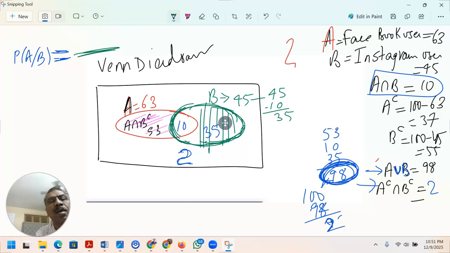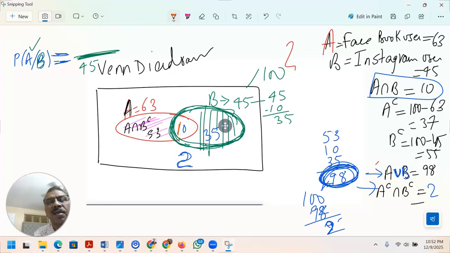This is called a reduced sample space, even though there were 100 students, because the student is already using Instagram. So this is 45, and we're asking what are the chances that he uses Facebook. Inside this there is this 10 here, so 10 students among this 45 are Facebook users. So this becomes 10 out of 45.